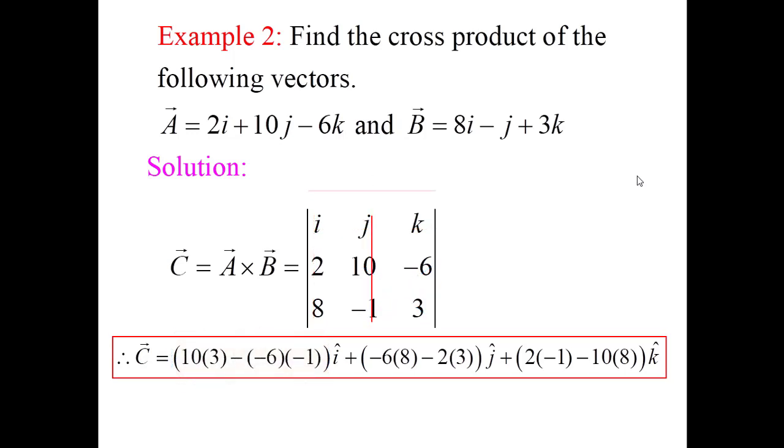And also we cancel the column and the row, and we multiply first this way and then we subtract this way for j because of the minus on top, and then we get this part. And for k, by cancelling the column and the row, we first multiply this way and then we subtract these two, and then we get this part. So if you reduce this, you will get C to be 24i minus 54j minus 82k.